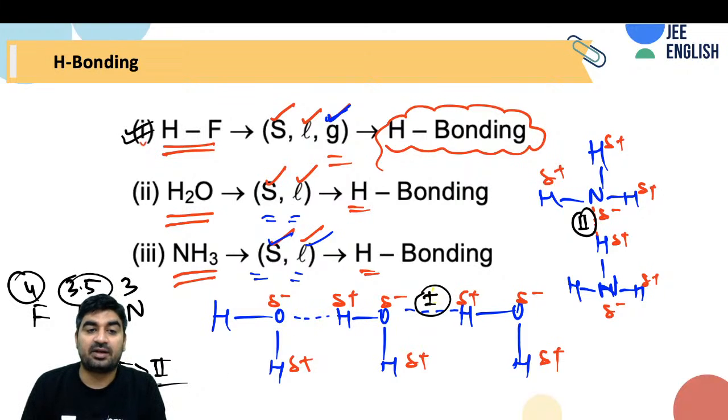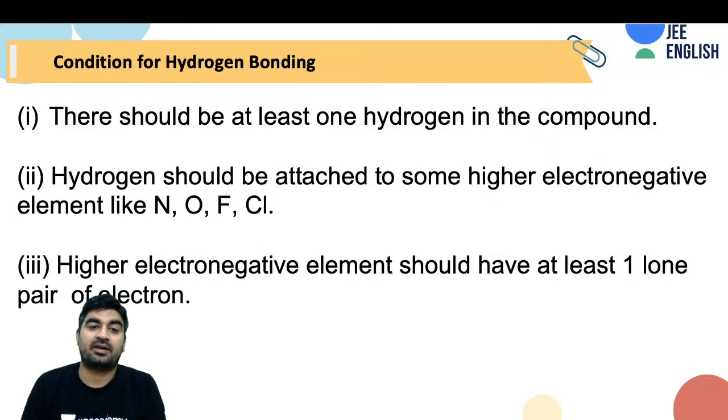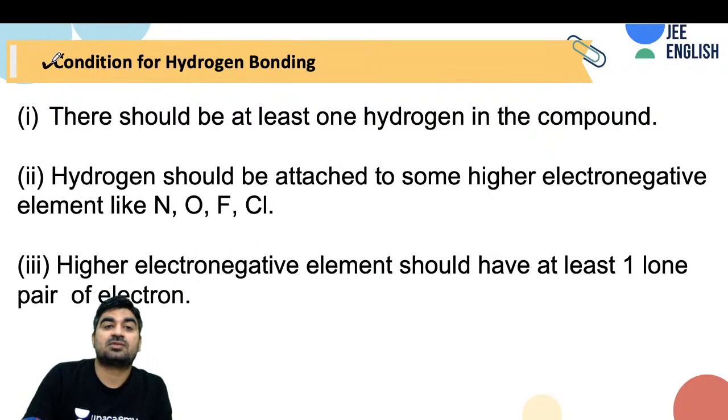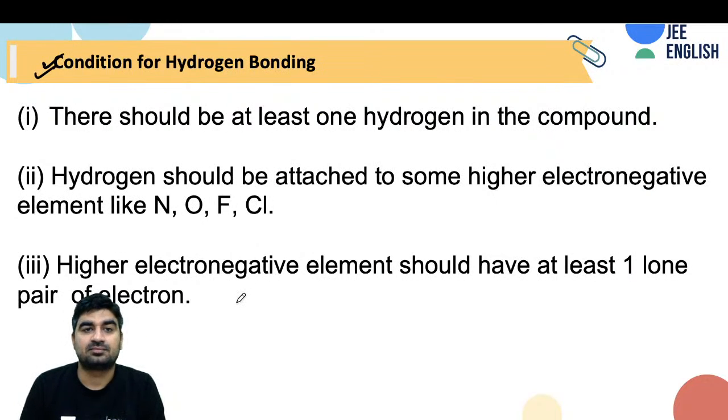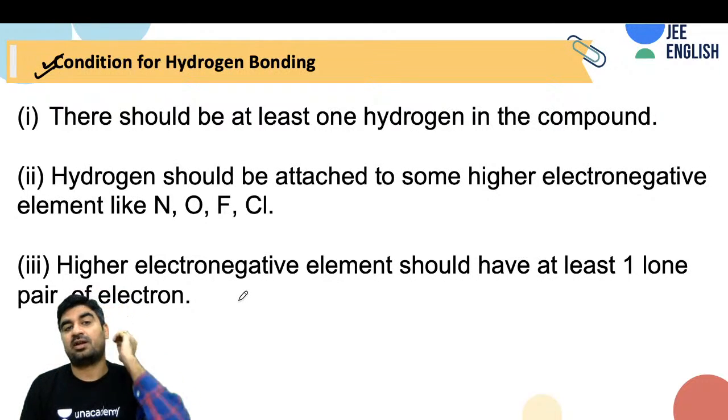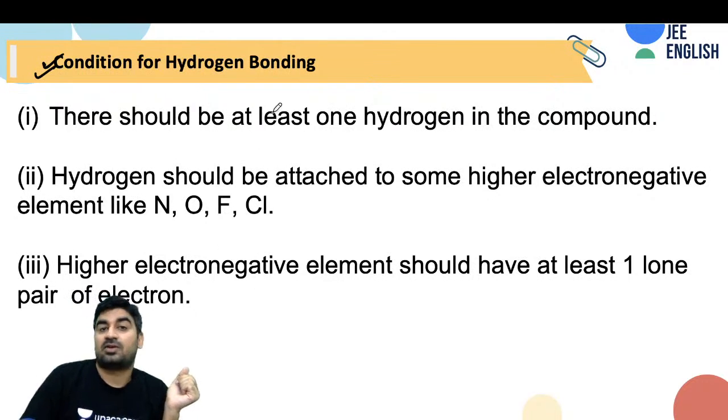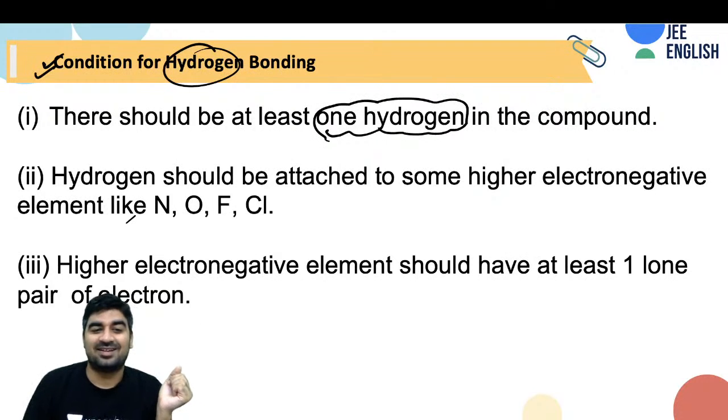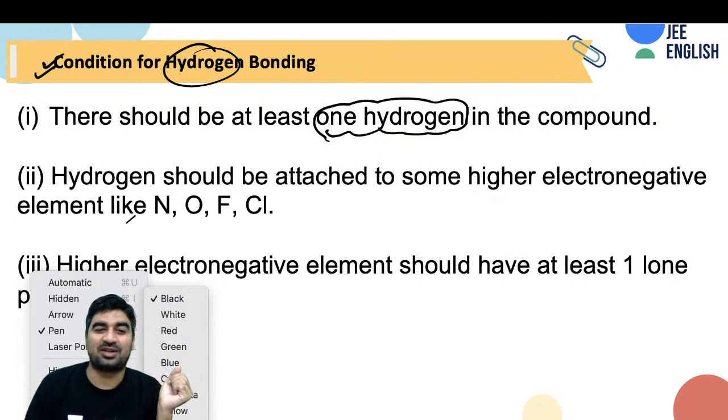So now I'm moving ahead. What are the conditions for hydrogen bonding? So write down these conditions. These are very important. How will you determine where hydrogen bonding will take place? First of all, as the name suggests, there should be at least one hydrogen atom, because its name is hydrogen bonding.